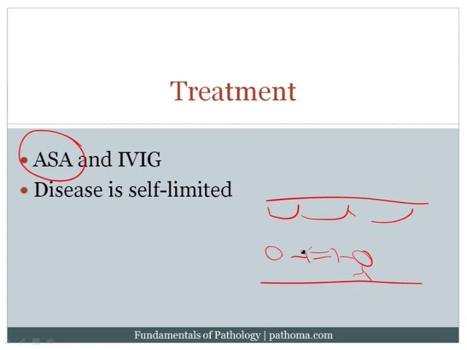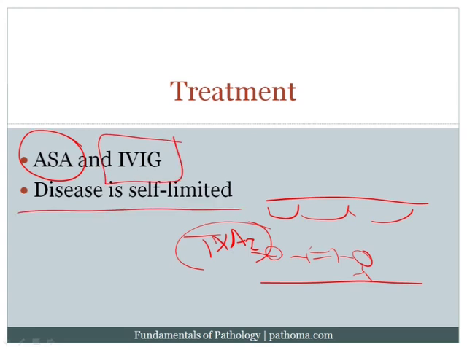Now, aspirin inhibits platelet cyclooxygenase, and when it inhibits platelet cyclooxygenase, it decreases the ability of those platelets to produce TXA2, and TXA2 is very important for that step of aggregation. And so in this particular case, we give them aspirin, which protects them against the potential formation of a thrombus within the coronary artery. IVIG has also been proven to be helpful in these individuals. The disease is self-limited, so if we can catch the disease and treat it appropriately, we could potentially decrease the risk of this very severe complication.